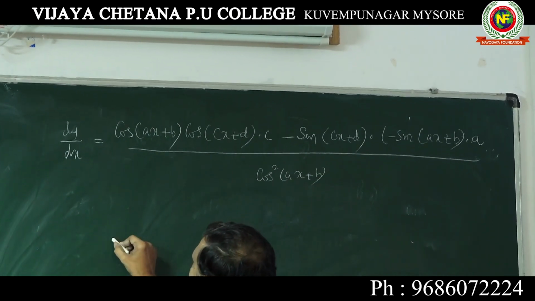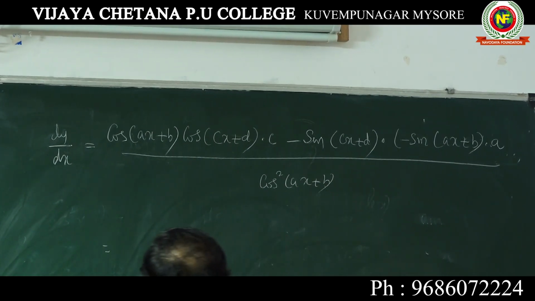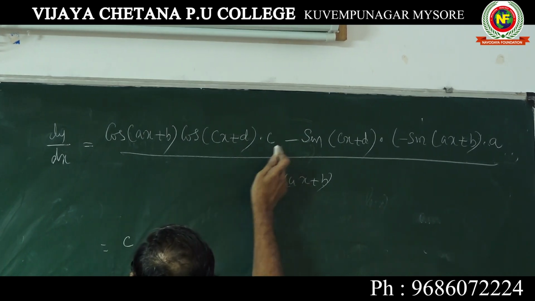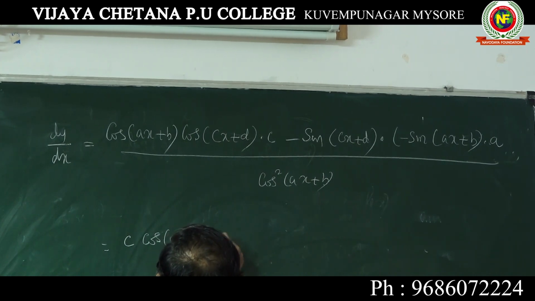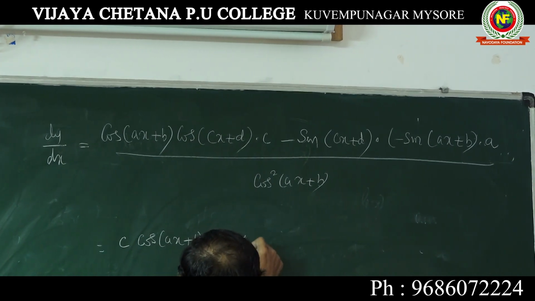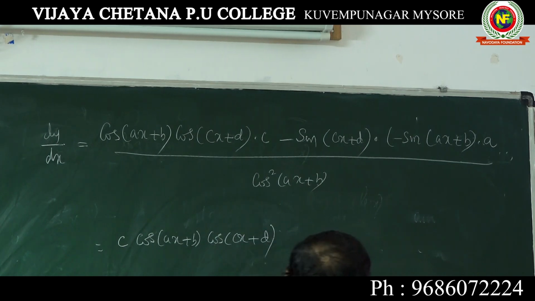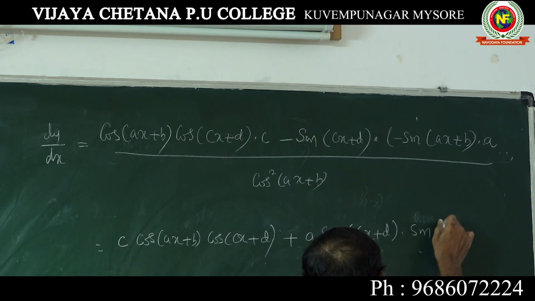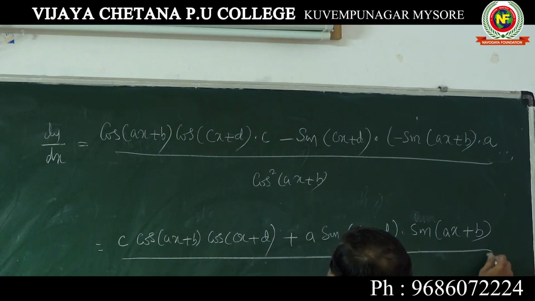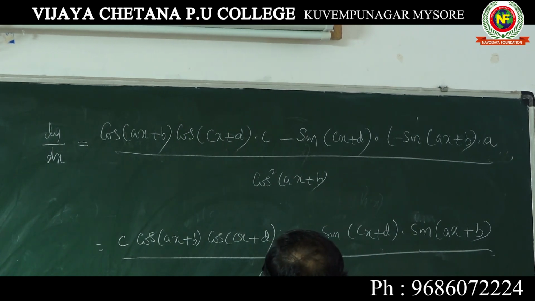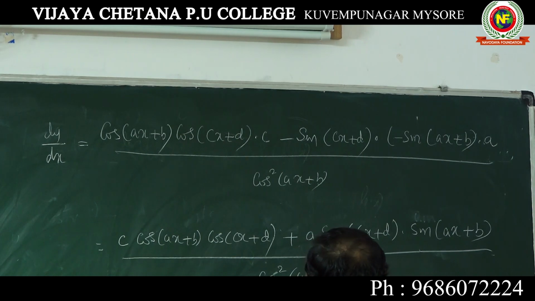Or dy by dx is equal to, here c into, first you can write c into cos(ax + b) into cos(cx + d). Here it is minus into minus, plus, a can be brought first, a sin(cx + d) into sin(ax + b), by cos square(ax + b). This is the answer.